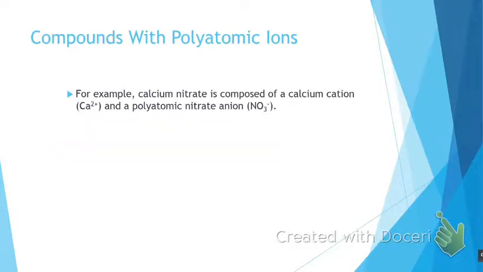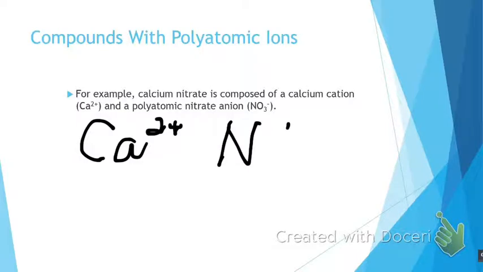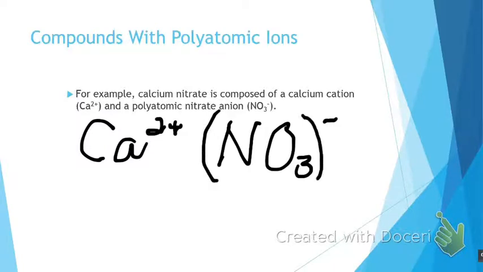Okay, here's an example. Calcium nitrate. So we're going to have our calcium ion, Ca2+, and we're going to have our nitrate polyatomic ion, which is going to be NO3 minus. This charge is on the whole nitrate, so we're going to look at that as a group, and you can put parentheses around it if it helps you remember that.